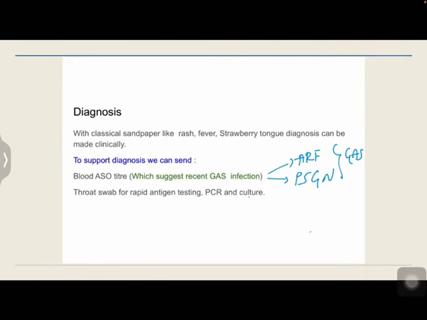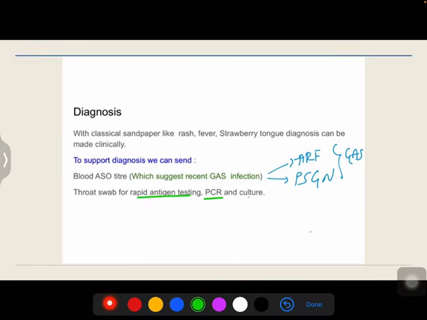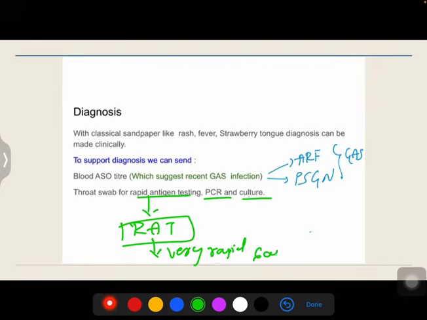Throat swab for rapid antigen testing, PCR, culture can also be sent. Rapid antigen testing gives very rapid report and is easy to perform. So we can send PCR, which is sensitive as well as specific. Culture will take time, but need to send to confirm the diagnosis.